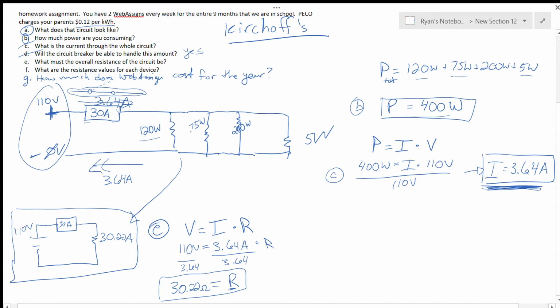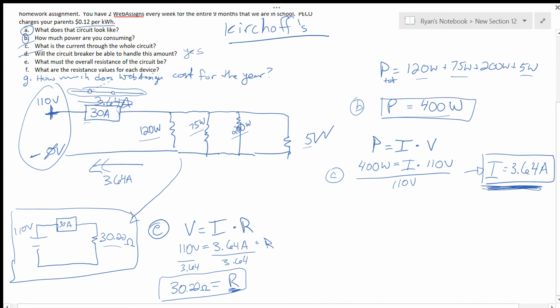Well, wait a second. 120 plus 75 plus 200 plus 5 doesn't add to 30.22. Whoa, I wrote amps. Sorry. That should be ohms, right? Well, these are not resistance values. These are power values, and this is a resistance value. All right, we found resistance.